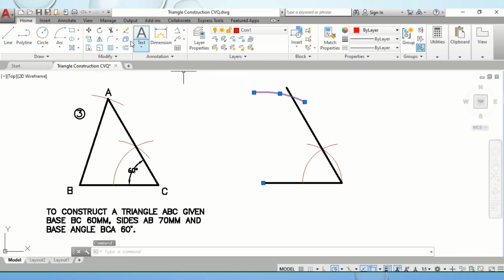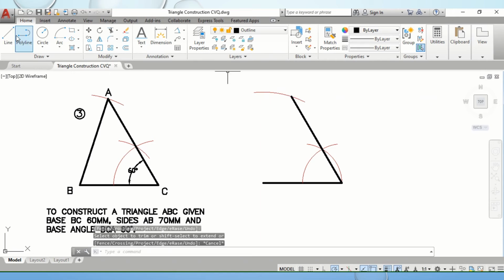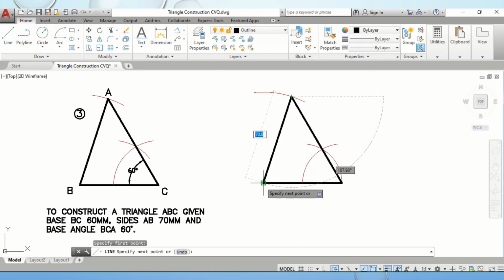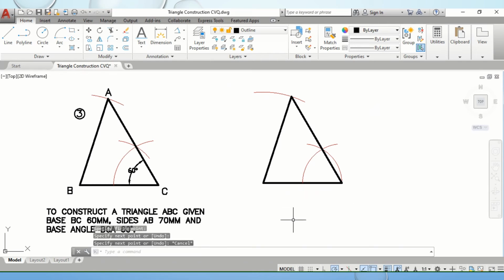Just going to trim off the excess here and complete my triangle. So there you have a triangle when given the base, the length of one side, and a base angle.